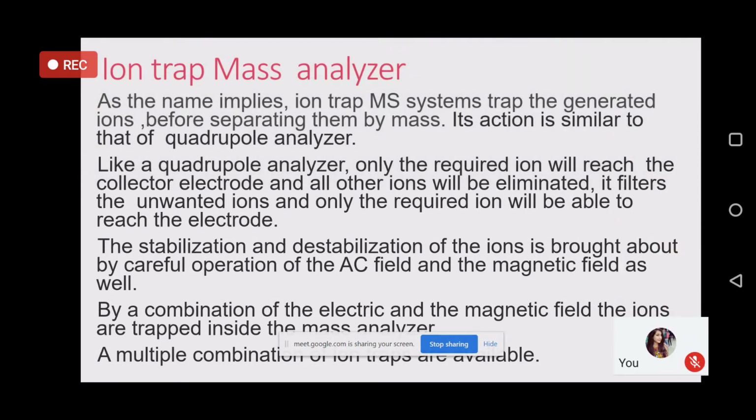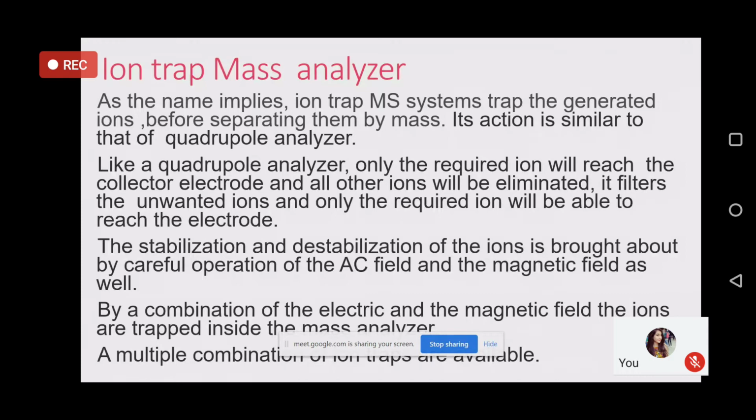You are collecting the ions. So once you change the conditions, out of the ions which have been collected, all those ions with one particular m by z value will go to the collector electrode and register current, and after that there won't be any current at all. No further supply, because whatever ions you had collected in that ion trap, in that small volume, all the ions with that particular m by z value have already reached the electrode, registered themselves, got discharged, and registered the current.